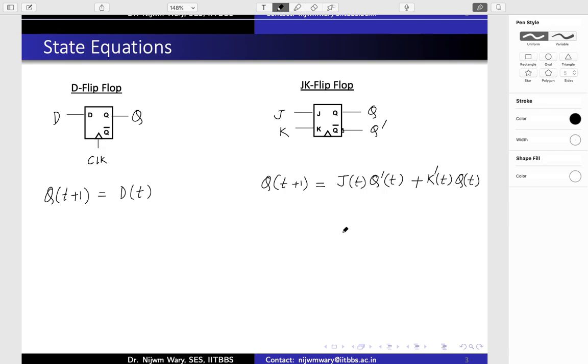If you try to draw the truth table, you will see that this equation is matching.